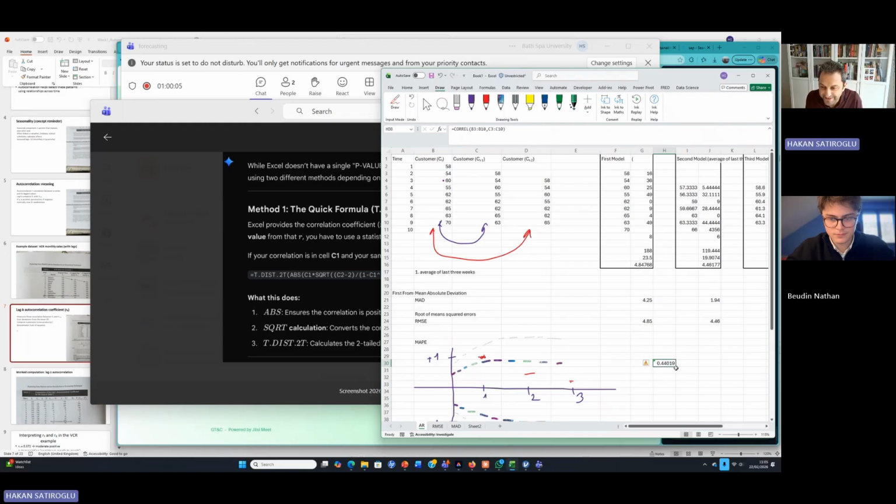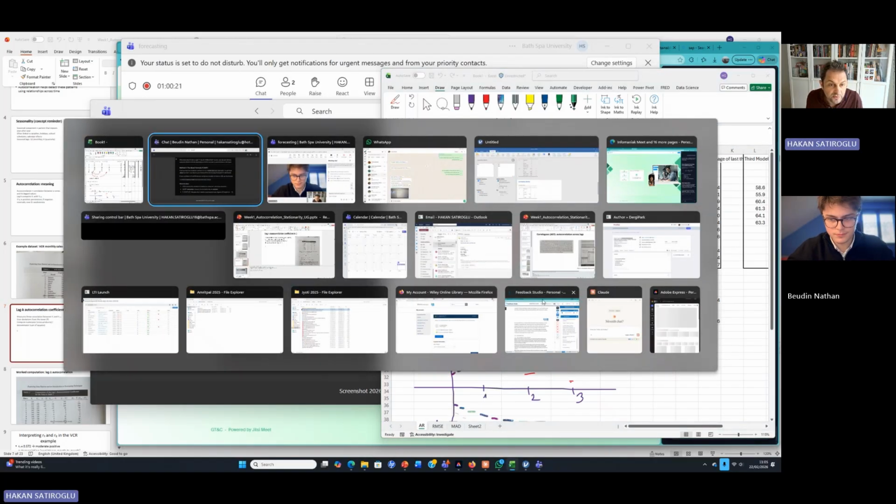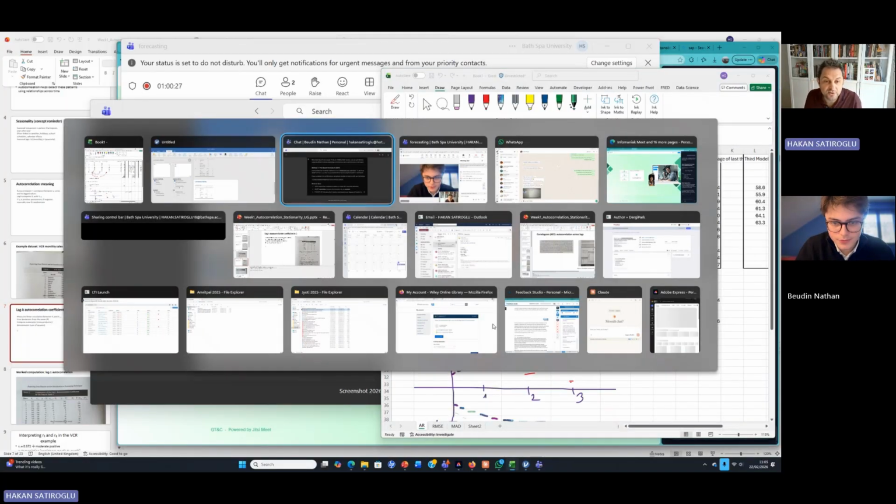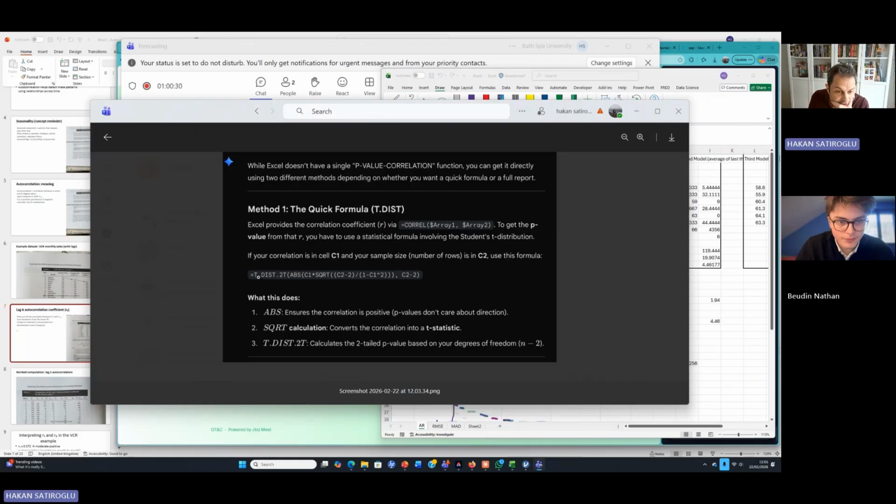Yes. Oh, great. Dollar. Dollar. 7.2. Yes, same. It was the significance distribution. Yeah, this is the T distribution.